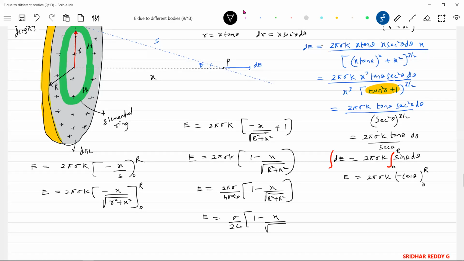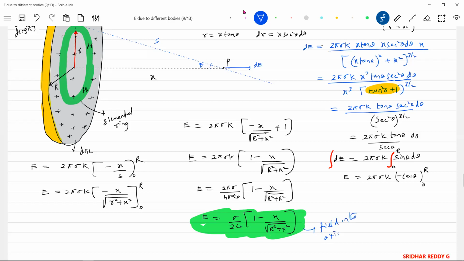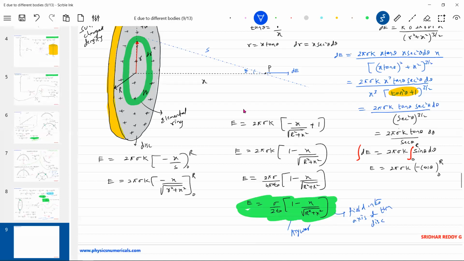I think this formula you have to remember. Many good questions will be there with SHM and other things. This is our final answer. In JEE Main this sum has been asked 5 times. Any student remember this formula? Field on the axis of a thin disk. I'll show the complete workout.